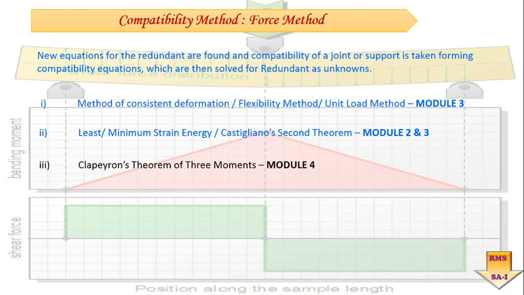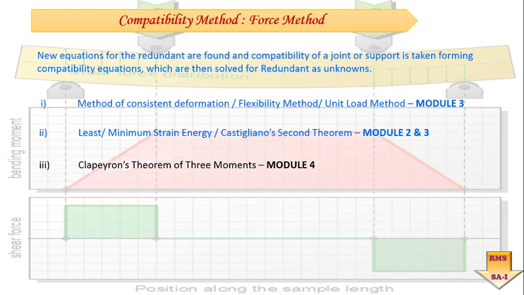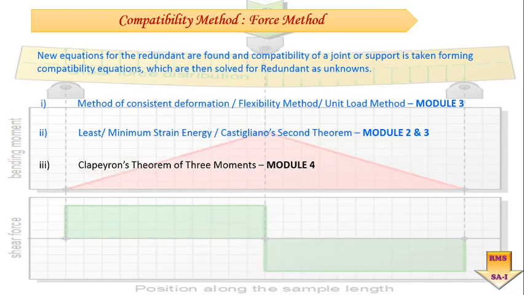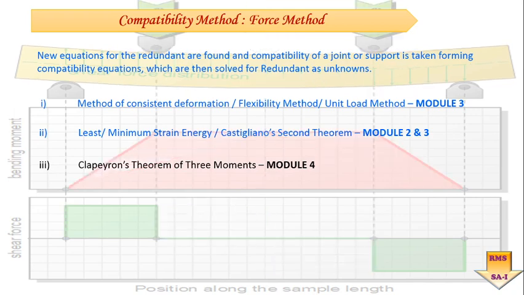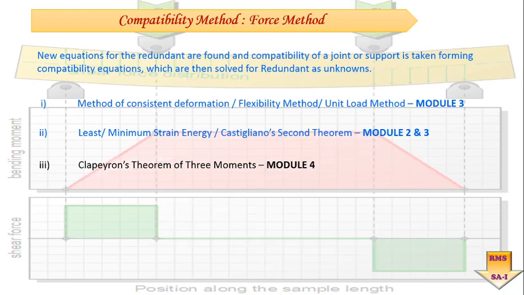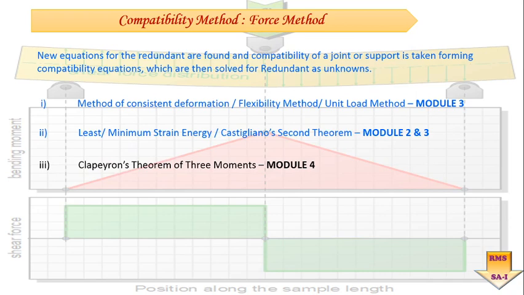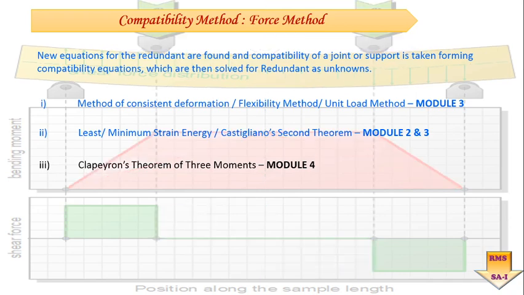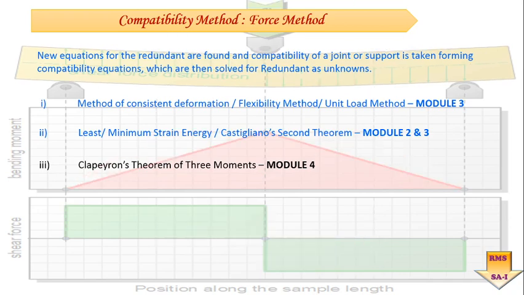In module 4 we studied Clapeyron's theorem of three moments. So we have got the understanding of these methods and for what purpose they are used, and the purpose is very simple: to analyze statically indeterminate structures.